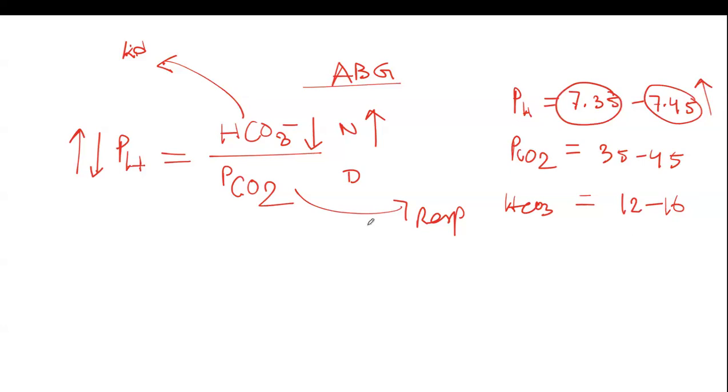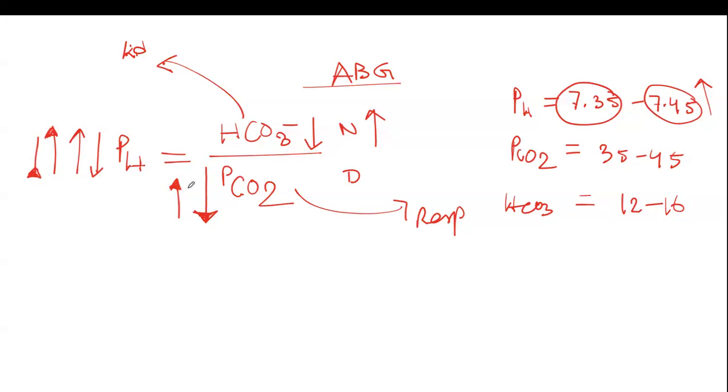Now, coming back to the ratio, remember the other thing: in a ratio, if the denominator decreases, the ratio will increase. Same, if the denominator increases, the ratio will decrease. This is basic mathematical knowledge, and without that, this will not make a lot of sense.